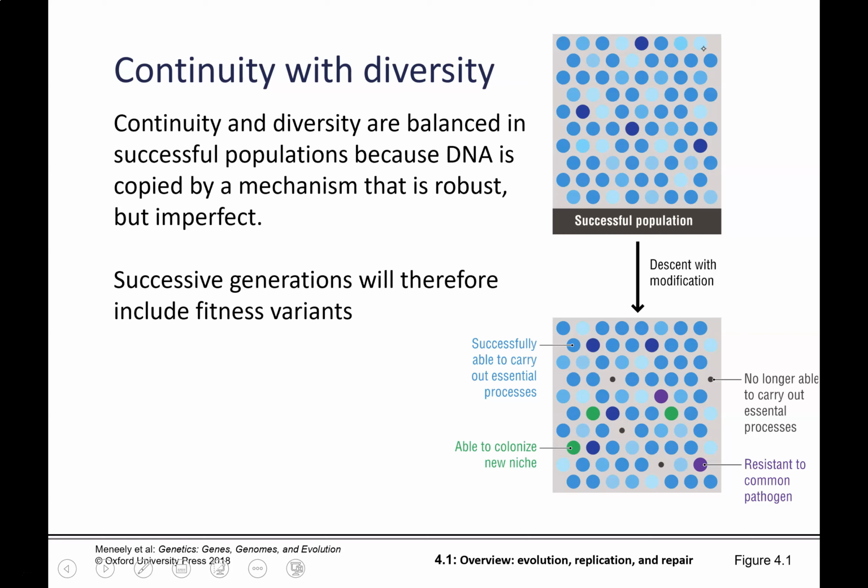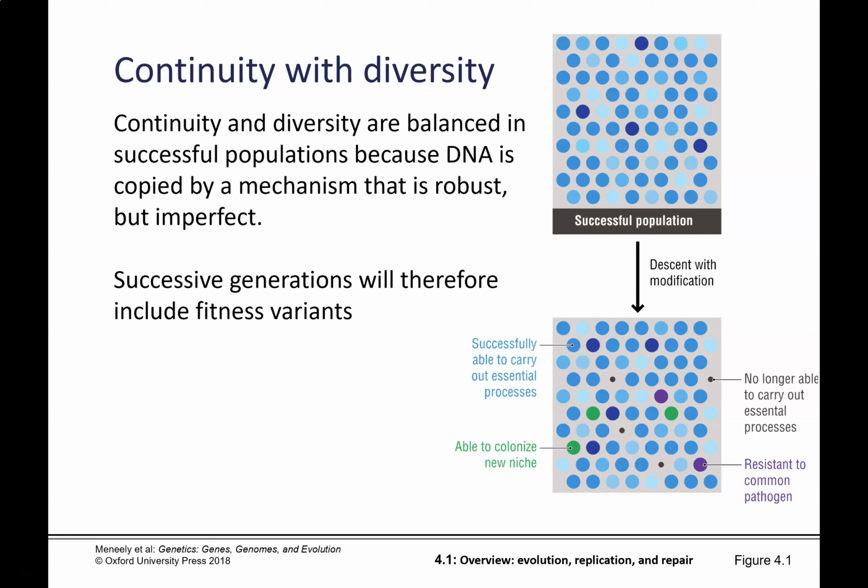So continuity and diversity are balanced because the mechanism of DNA replication actually keeps too much information from changing. It sort of limits some of the errors that happen. And so we have this continuous information. But some changes do happen, and therefore we get diversity.